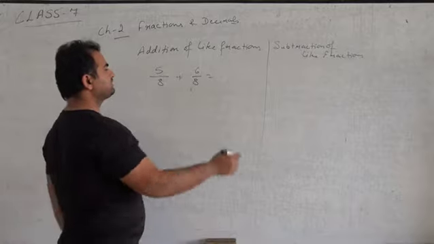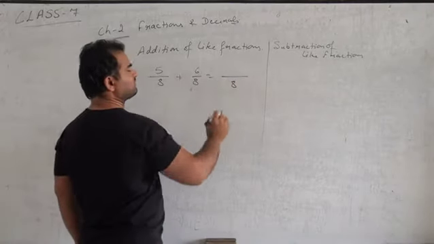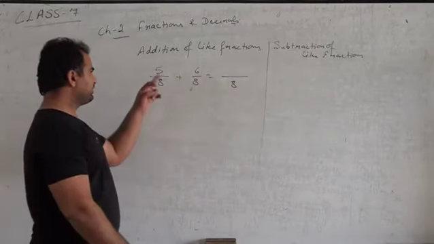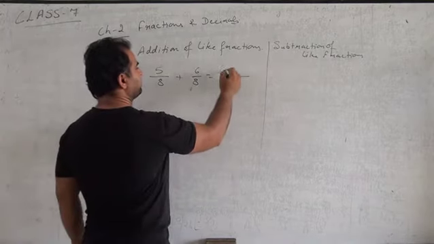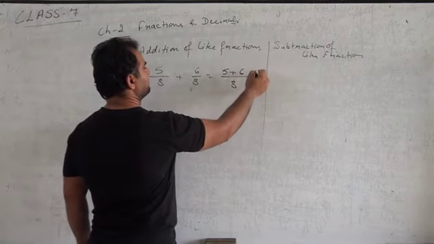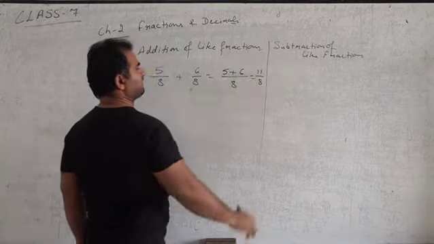We will take 8 as the denominator and the numerators will be added. 5 plus 6. It will be 11 by 8.